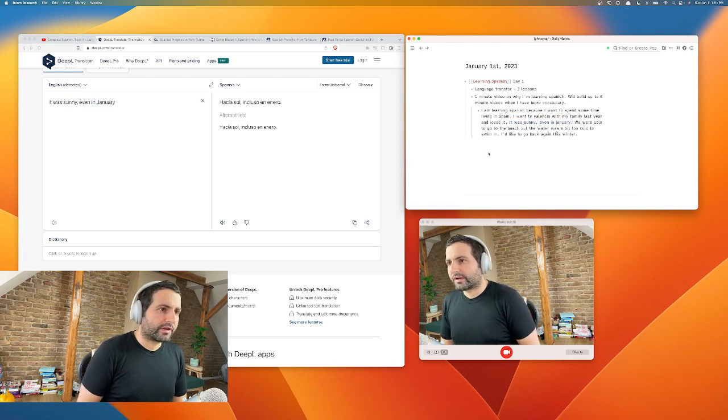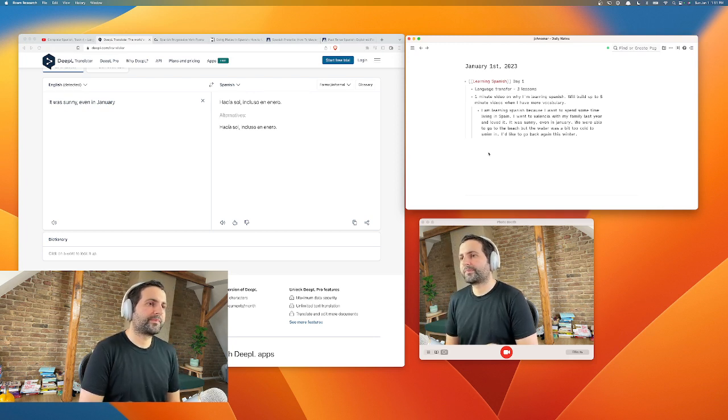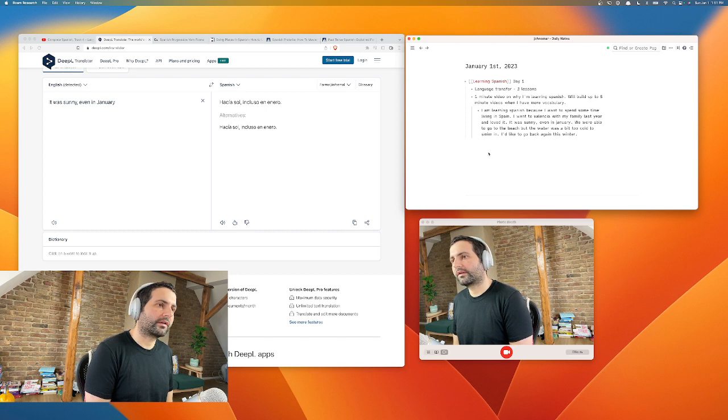Estoy aprendiendo español porque quiero pasar un tiempo viviendo en España. Fui a Valencia con mi familia el año pasado y me encantó. Hacía sol incluso en enero.